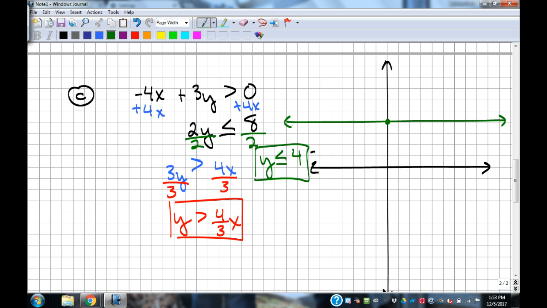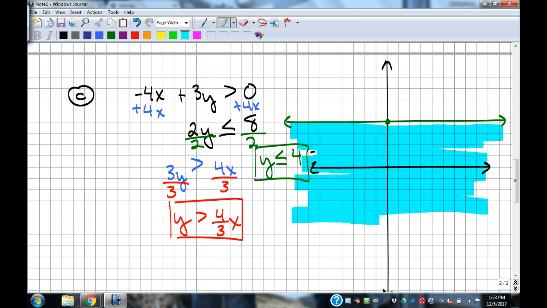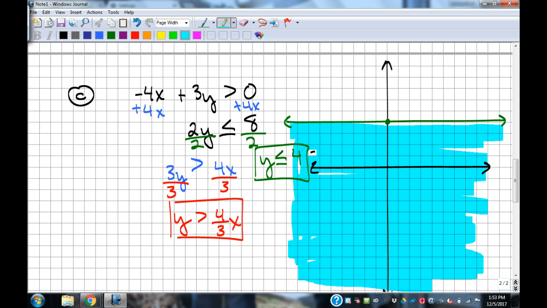Y is less than or equal to 4. Would less than be below that or above that? Below. Less than is below. So we're going to shade below that. Again, just lightly shade that so you can still see your grid, because you've got a whole other inequality to graph here.